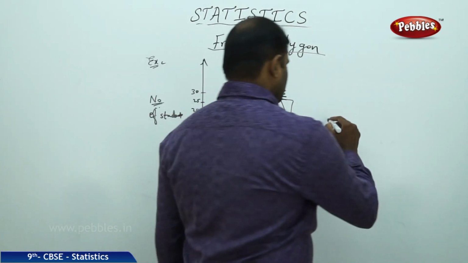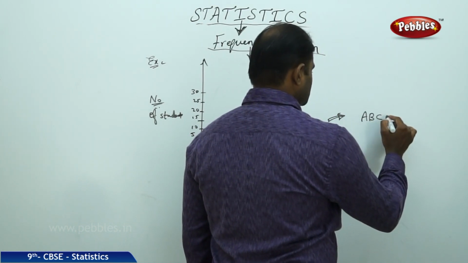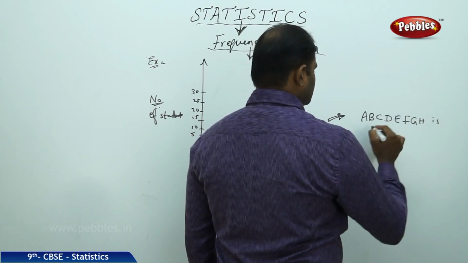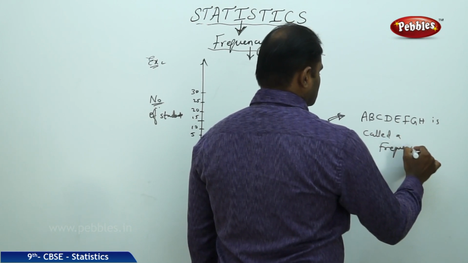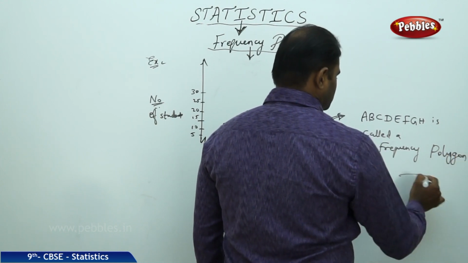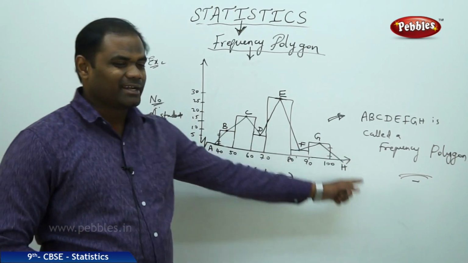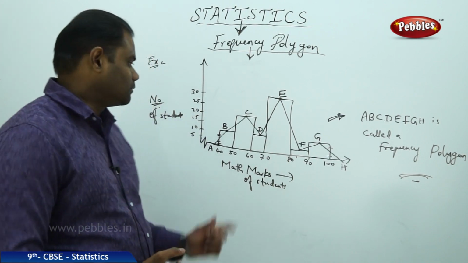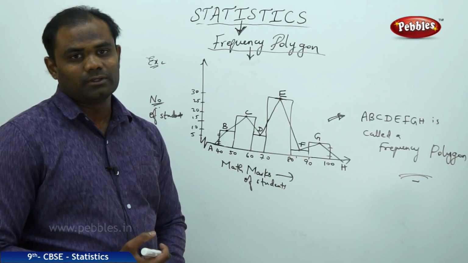So here we define, in this example problem, A, B, C, D, E, F, G, H is called a frequency polygon, a closed figure with n sides. A histogram with all its midpoints joined gives us a frequency polygon.